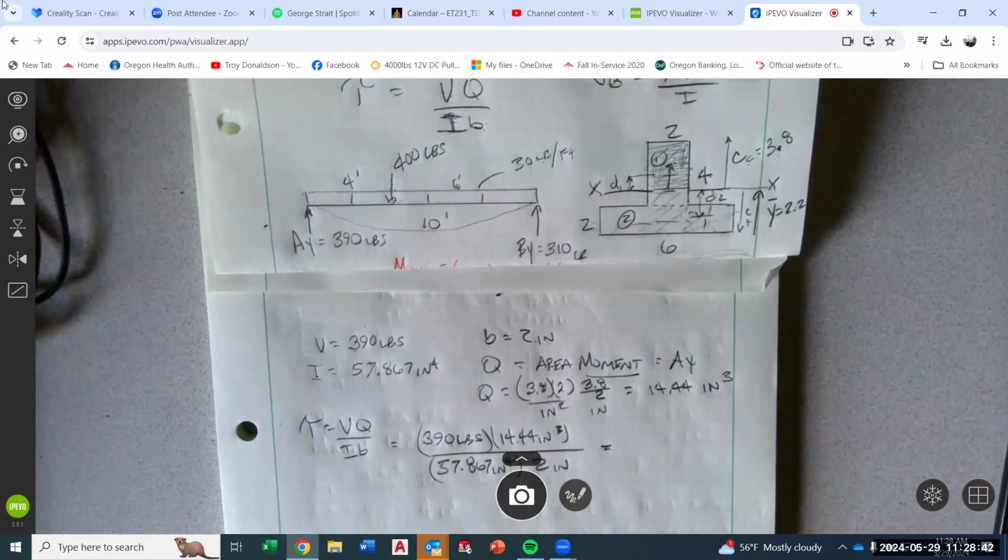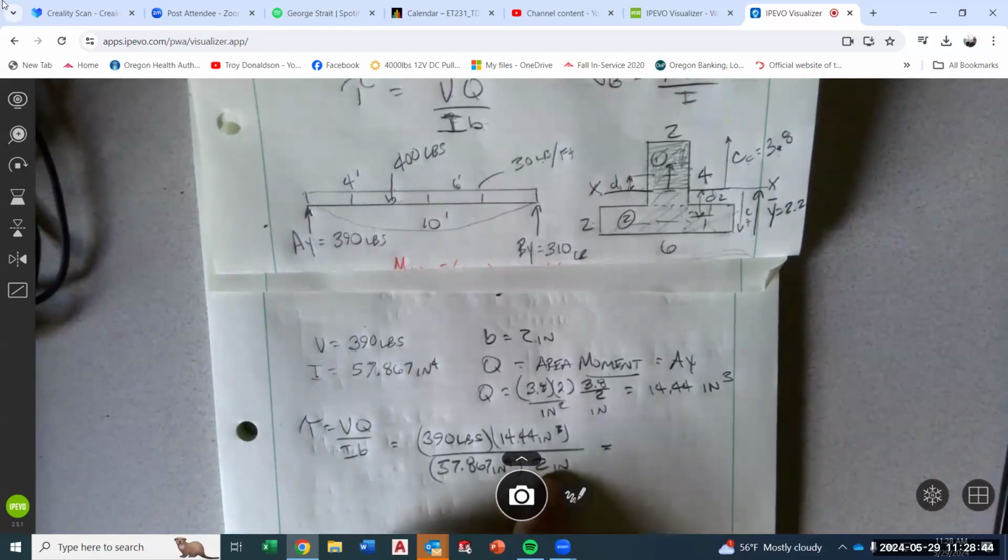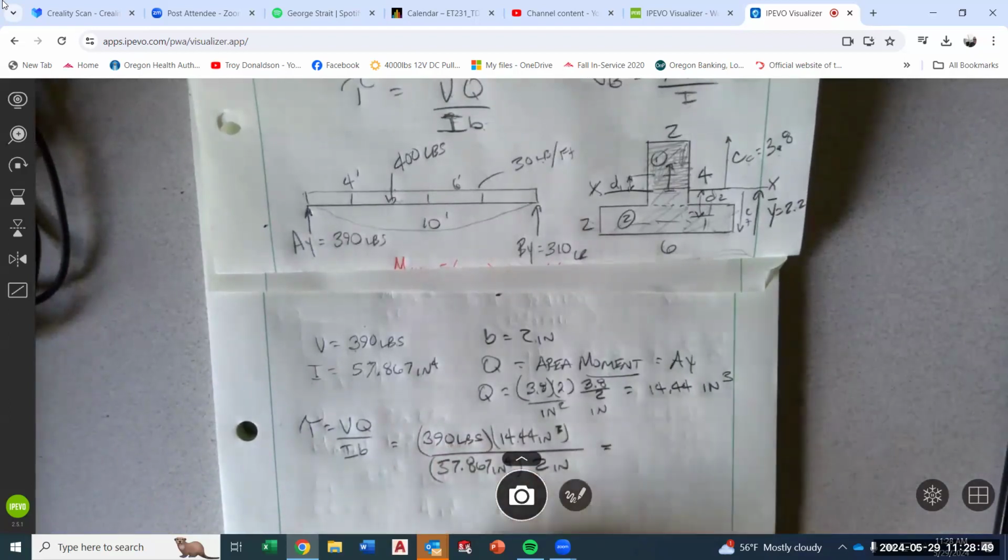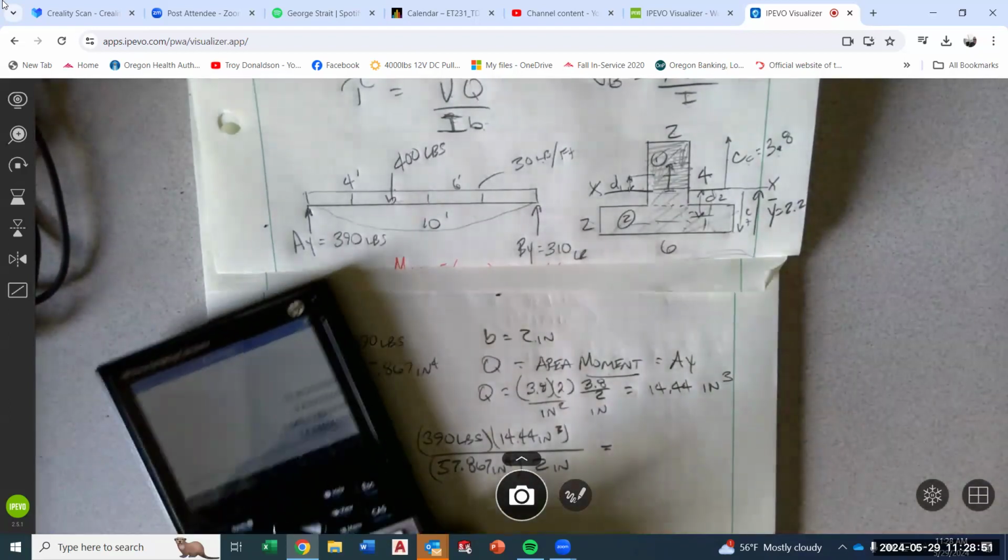Now let's look at the units. We have inches to the fifth below, inches to the third above. We're going to end up with pounds per square inch, or PSI. Perfect.